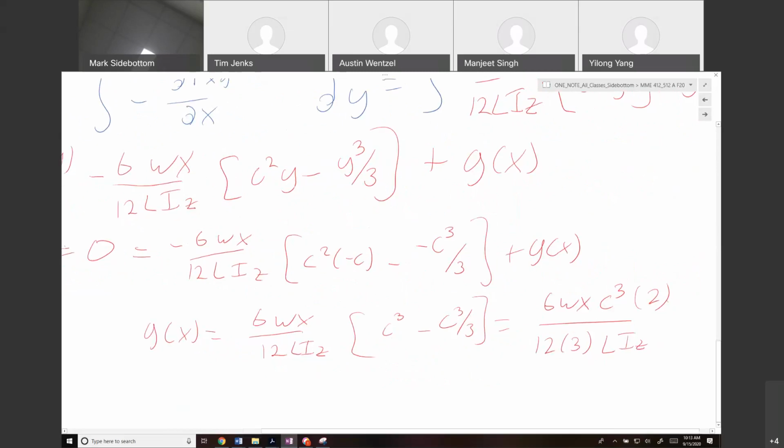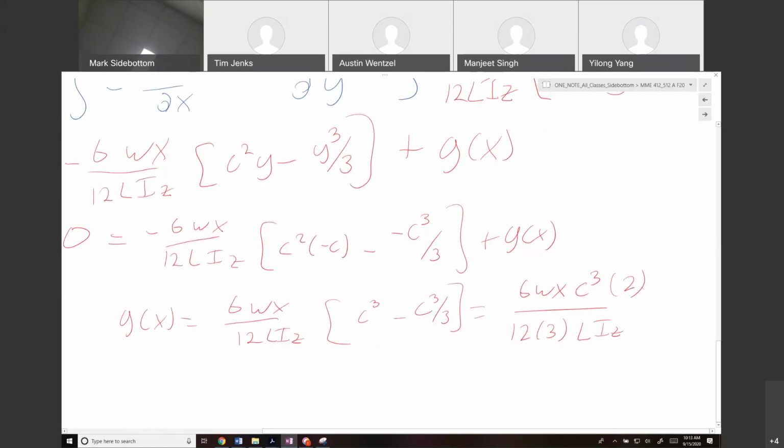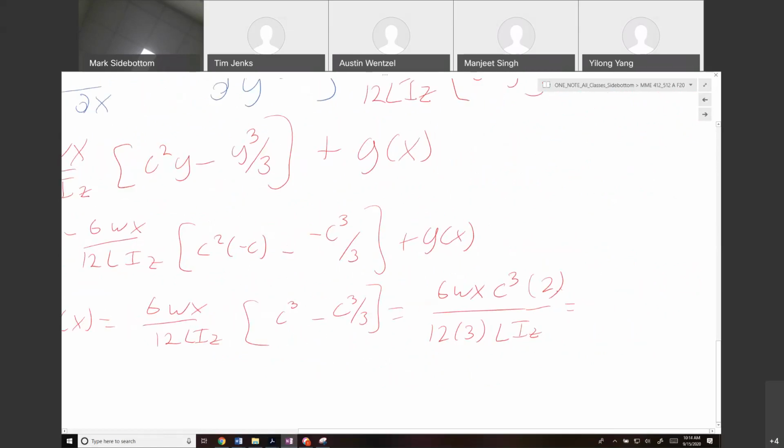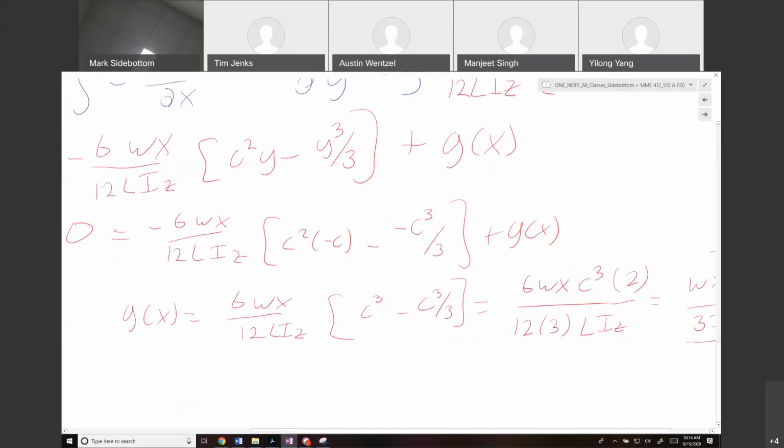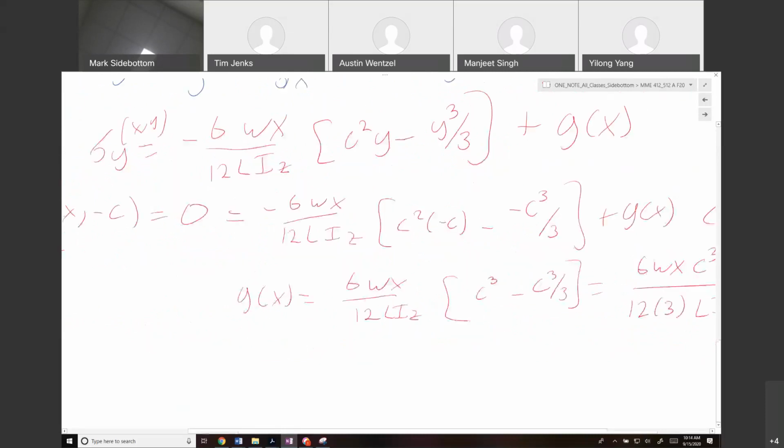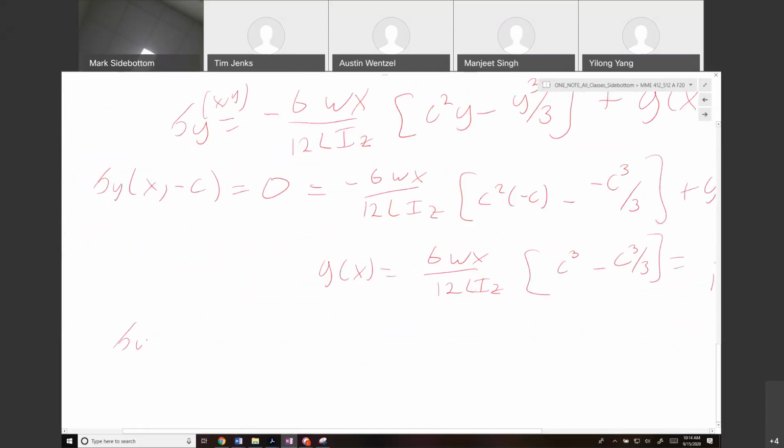So if we do this all out, this is 12 divided by 36, so it's the same thing as 1/3. So g of x is w x c cubed divided by 3 Iz l. Okay. So we plug that back in to our equation for sigma y.